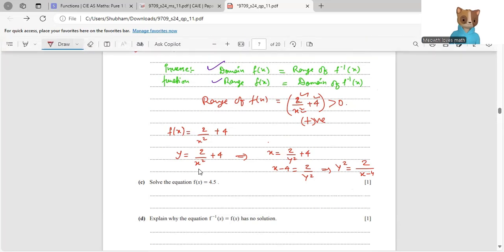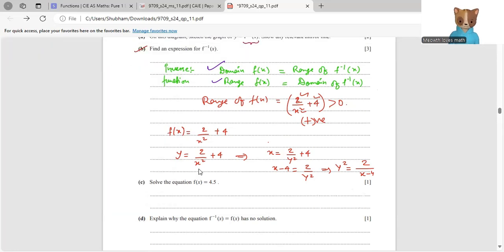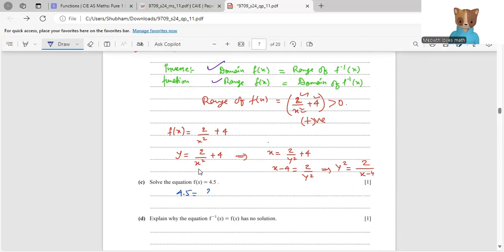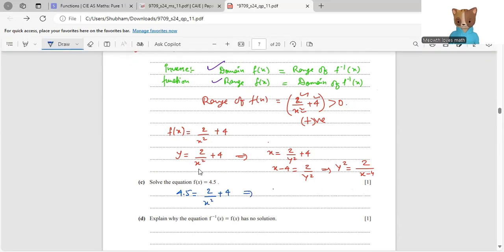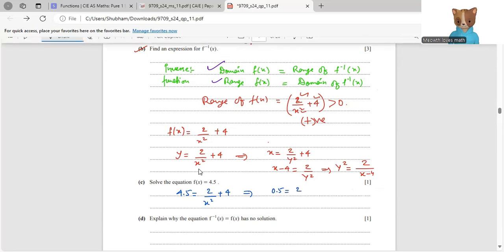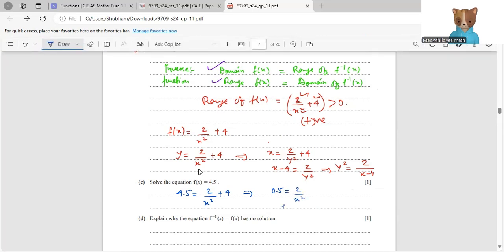Now we are given f of x equal to 4.5, right? So all we need to do is write 4.5 is equal to 2 over x squared plus 4. This implies 0.5 is equal to 2 over x squared, and this implies 1 by 2 equal to 2 over x squared.